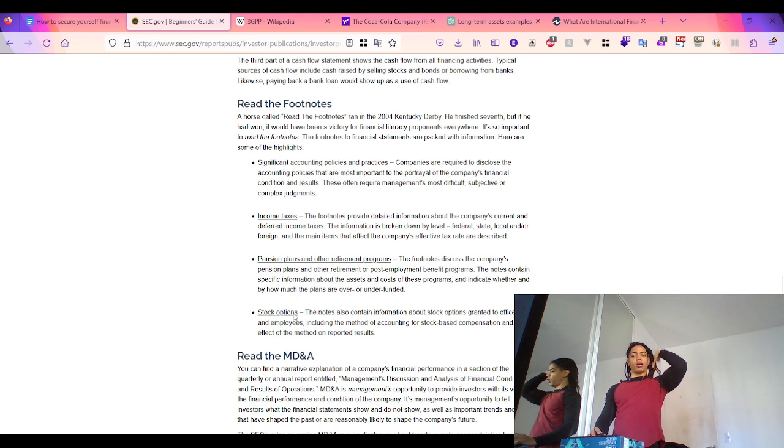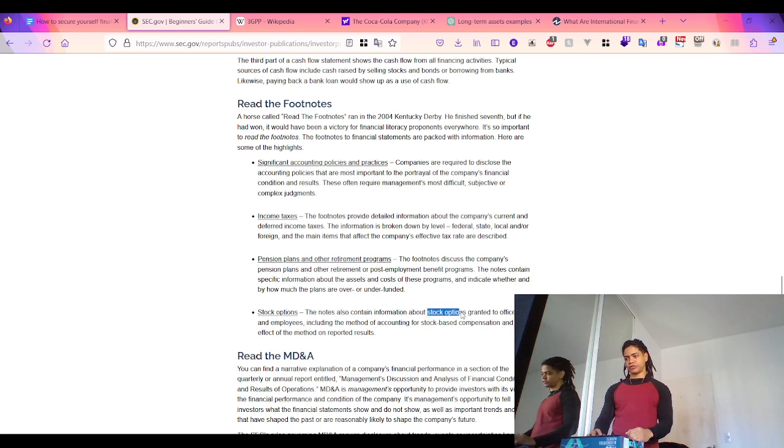And the stock options. The note also contains information about stock options granted to officers and employees, including the method of accounting for stock-based compensation and the effect of the method on reported results.